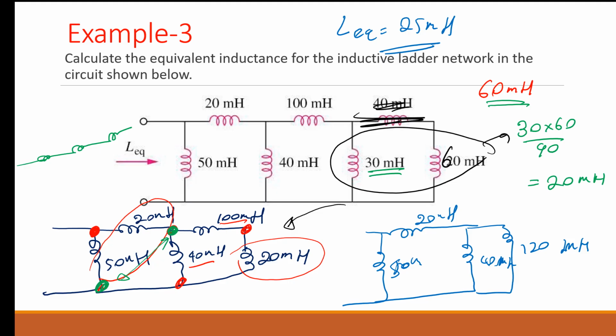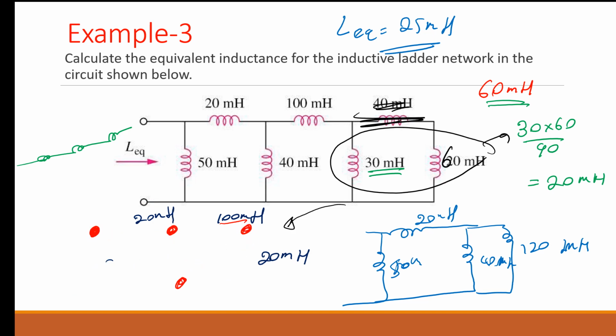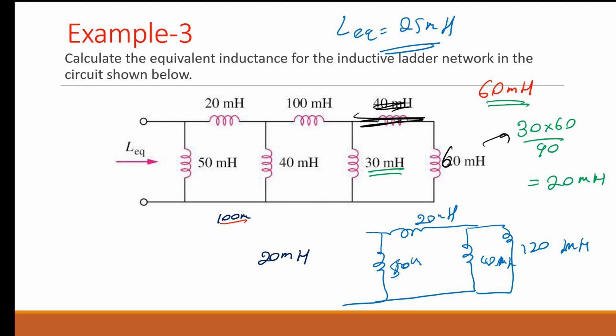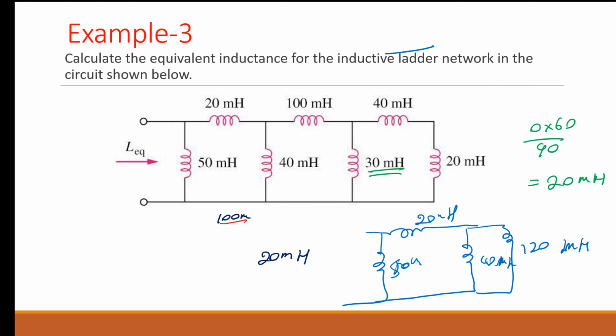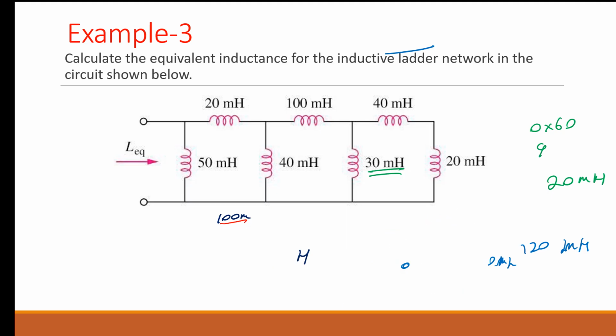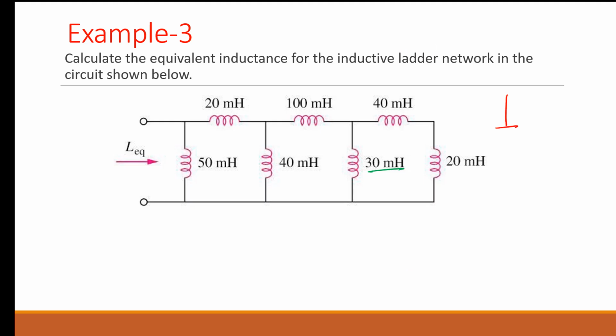Are we good? What do we mean by parallel? This is a very important thing. If you can't recognize whether they are in series or parallel, that will be a big problem. Tell me, what do we mean by parallel? If you have something, capacitors or inductors or resistors, whatever it is, if you have them like this, what do we call them? Parallel.